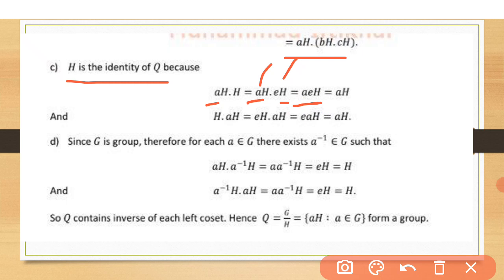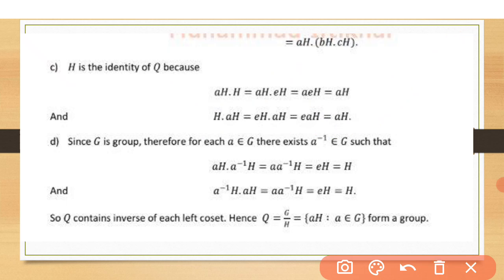So EAH is equal to AH. Similarly, here we apply from the right side, here we apply from the left side. H dot AH, here H is the identity left coset, multiplied by any other element's left coset. These two left cosets give us a single left coset, and this is equal to AH. Hence proved that the identity element also exists in the quotient group.